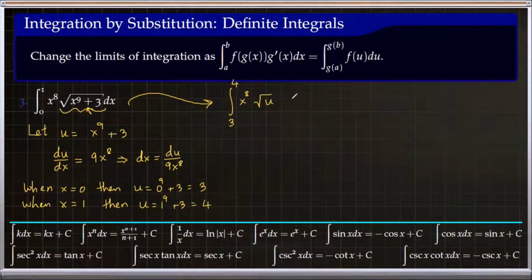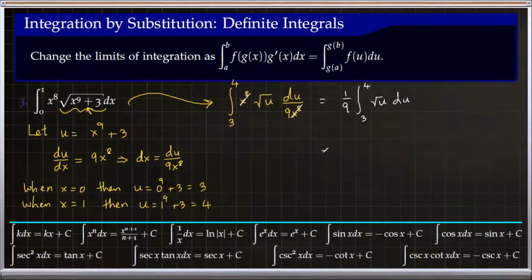And we found that dx we can replace by du over 9x to 8. So looks like x to 8 gets canceled out. And then we are left with 1/9. I'm going to pull that 1/9 all the way to the front. Integral from 3 to 4 of square root of u du.